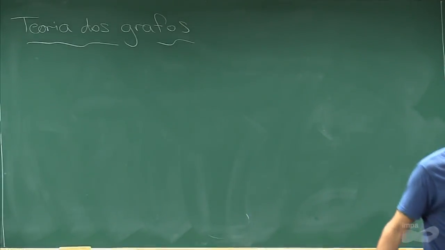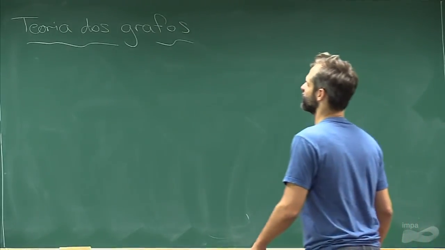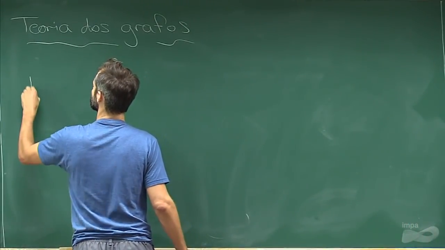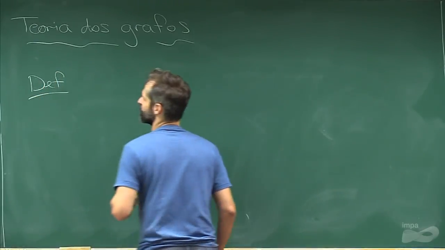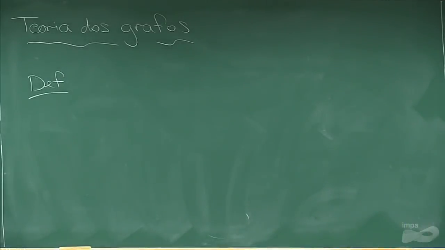So here's a basic extremal problem in graph theory. Let's define. So I'll jump a little bit between different topics in this course. The idea is to try to demonstrate to you that similar ideas come up in these different settings.